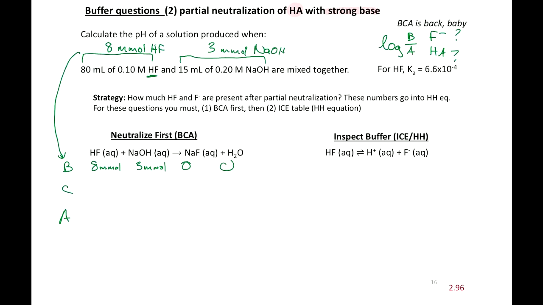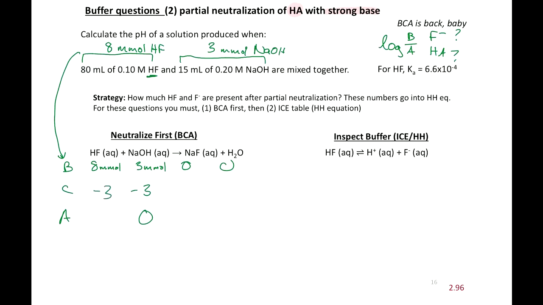So based upon these numbers, which substance is our limiting reactant, HF or sodium hydroxide? Sodium hydroxide. So our change line, I'm going to consume all of that sodium hydroxide so it is fully consumed. So if I consume 3 millimoles of the strong base, sodium hydroxide, how much HF do I also have to consume? 3. So minus 3.